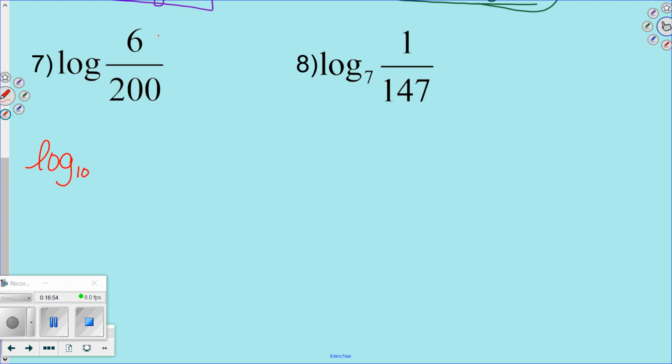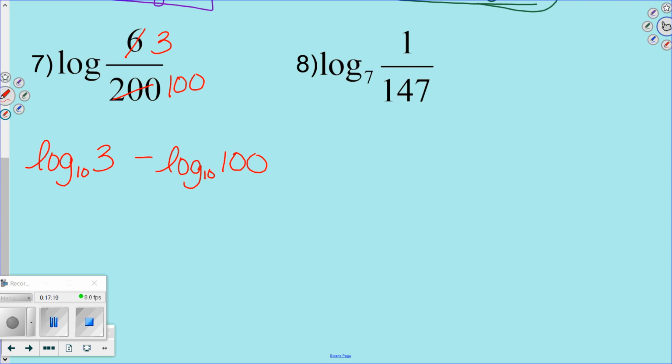I would rewrite this as 3 over 100. That's not simplified. How dare they give you a fraction not simplified? So it's going to be log base 10. Make sure you say the base in there. Okay, log base 10 of 3 minus, good, log base 10 of 100.